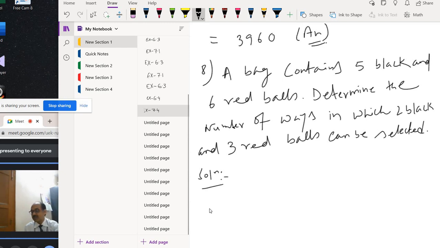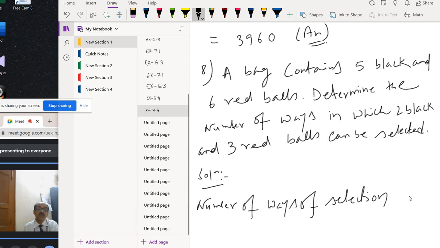So number of ways of selection equals 5C2 into 6C3.